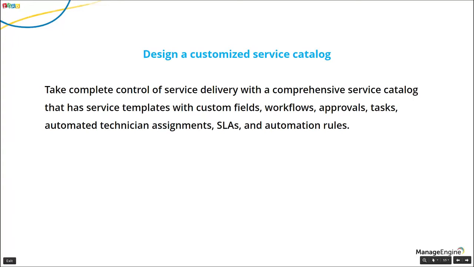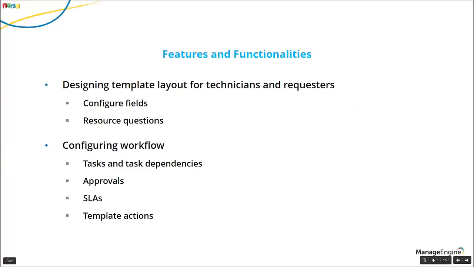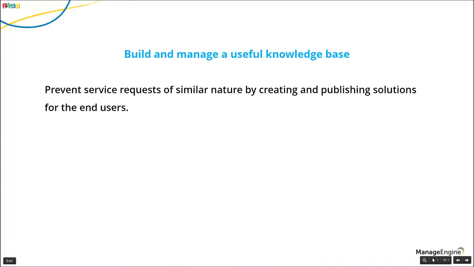So how are we going to do that, and what are the specific functionalities we are going to be looking at? We are going to look at how you design your template and template layout for your technicians and requesters. You're going to be configuring fields, configuring resource questions, and then very importantly, configuring your workflow. So we will not waste any more time, and we will go straight into our hack number 3.